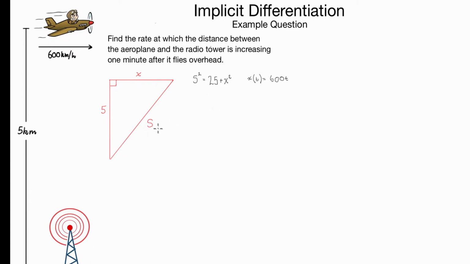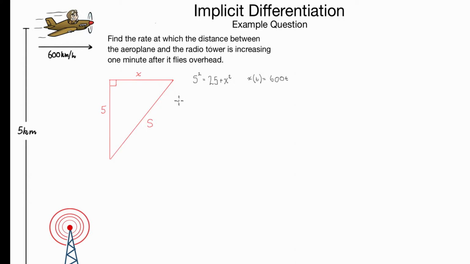Okay, so this is where our implicit differentiation comes in. To find our change in S, we're going to differentiate this formula here. Now we start by differentiating both sides with respect to time, because that's what we've got to end up with.